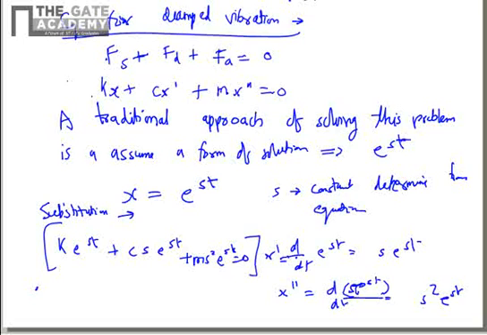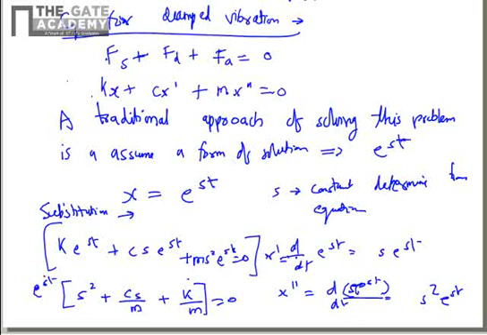Taking e to power st common outside, we will get s square plus c by m s plus k by m, this whole thing equal to 0.